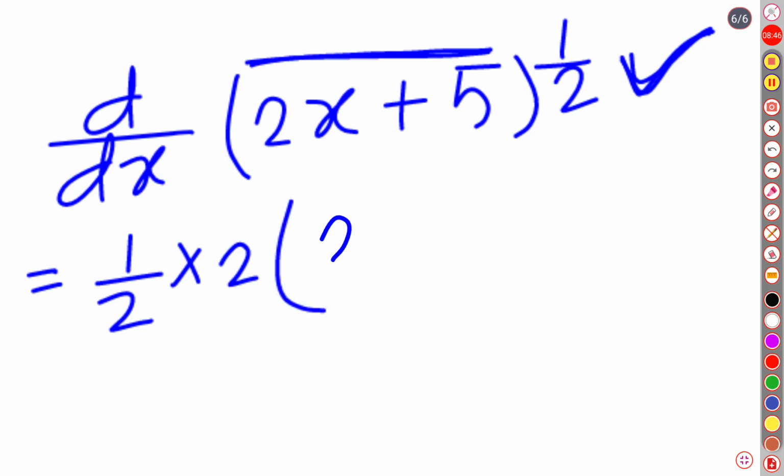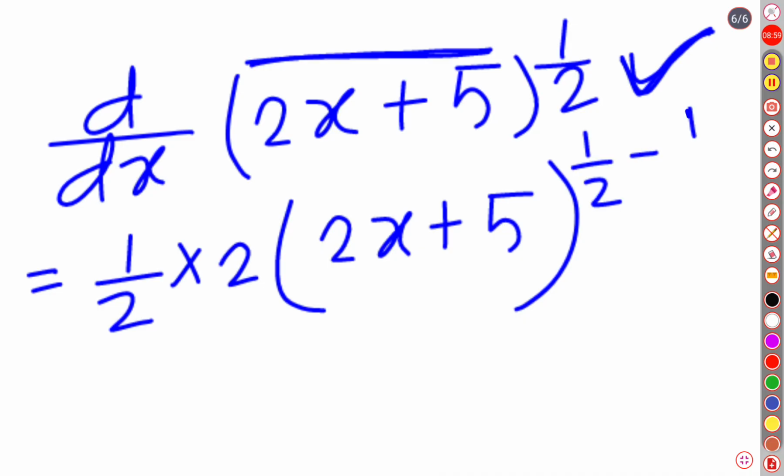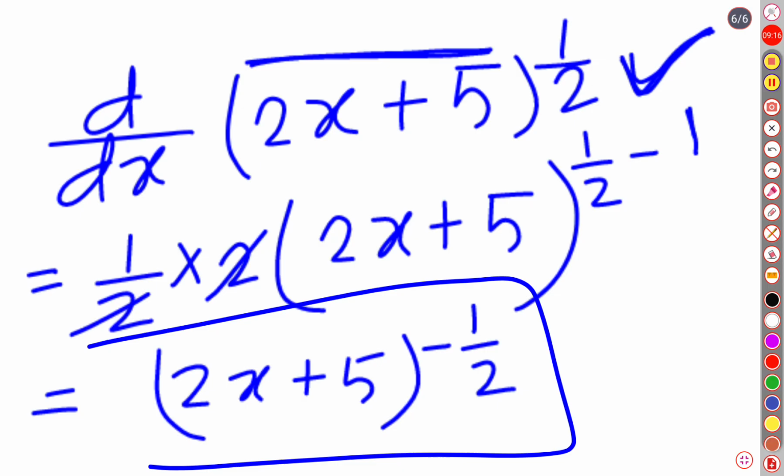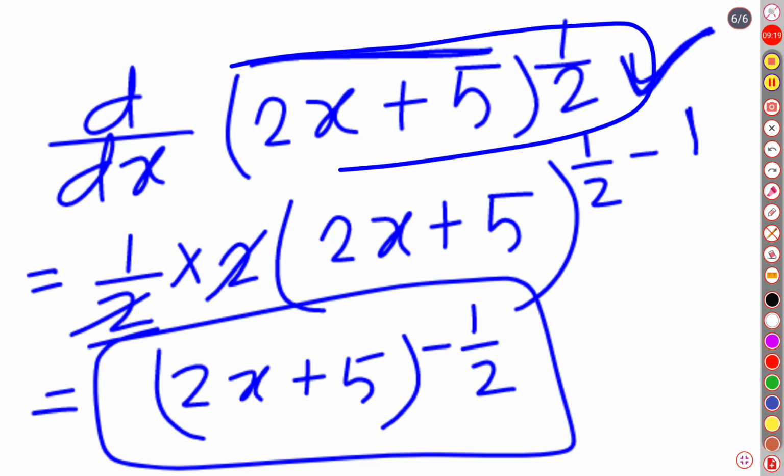After that, the function will remain the same, but the exponent decreases. The exponent is always decreased by 1, so half minus 1. To cancel this 2, there remains 2x + 5, and if we subtract 1 from half, the exponent is negative half. So the derivative of (2x + 5) raised to half is (2x + 5) raised to negative half.